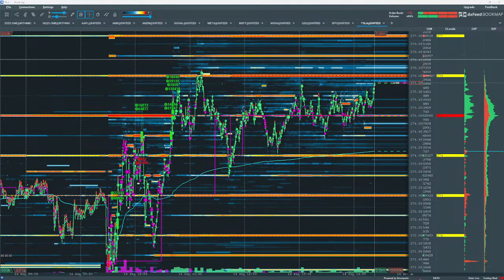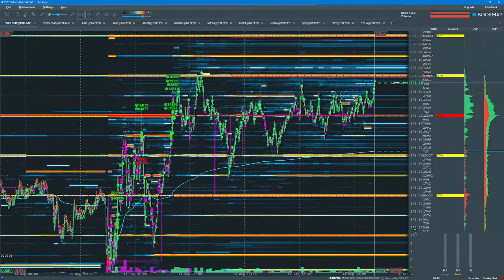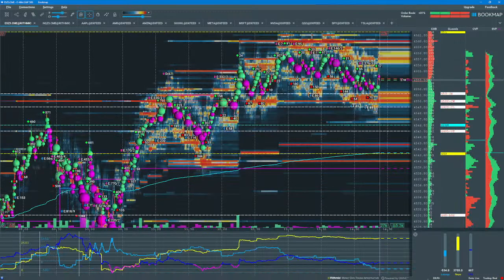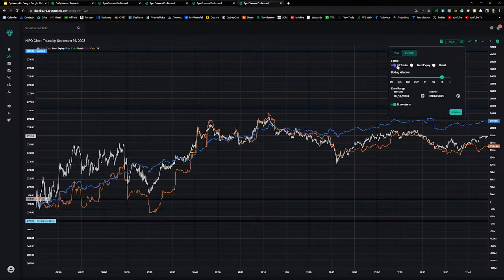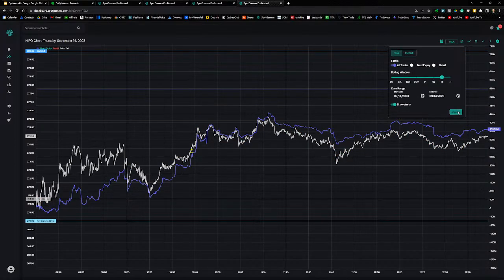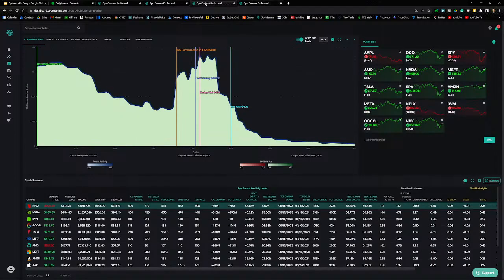All right, let's take a look. Slotazari asked about call gamma unwind possibilities. Let's go over that. What I'm showing here is Equity Hub, also part of SpotGamma, another one of the tools that SpotGamma provides.